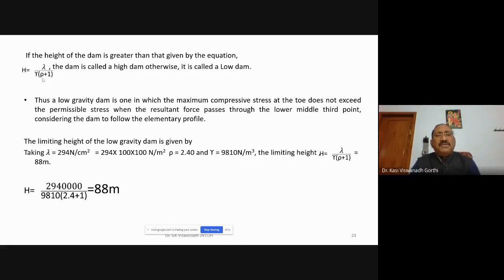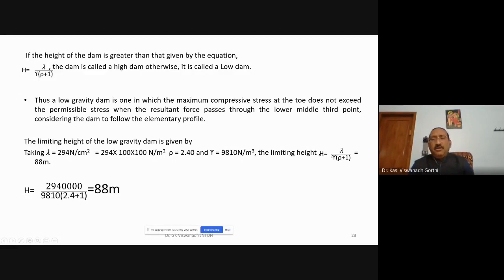Thus, a low gravity dam is one in which the maximum compressive stress at the toe does not exceed the permissible stress when the resultant passes through the lower middle third point, considering the dam to follow an elementary profile. Based on that, the elementary profile limiting height can be taken for a given lambda equal to 294 Newton per centimeter square, with specific gravity of the dam material, concrete, 2.4, and gamma 9810 Newton per meter cube.